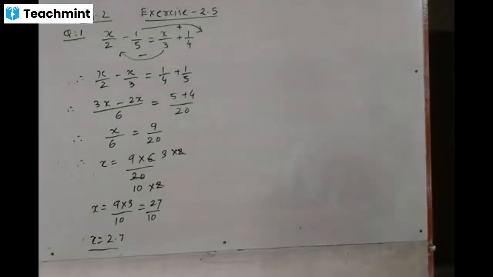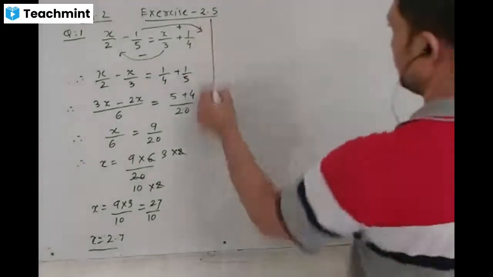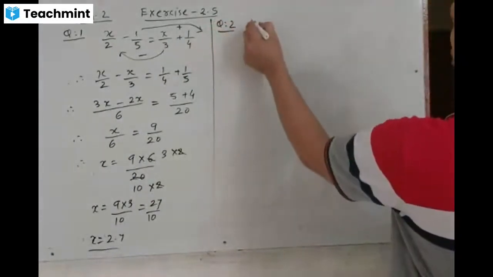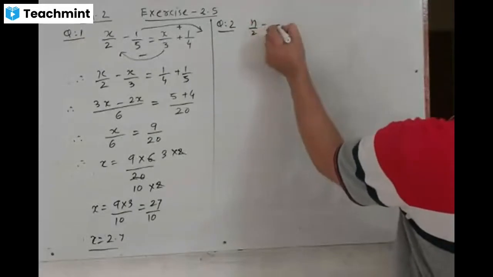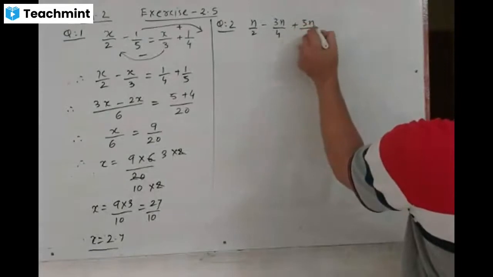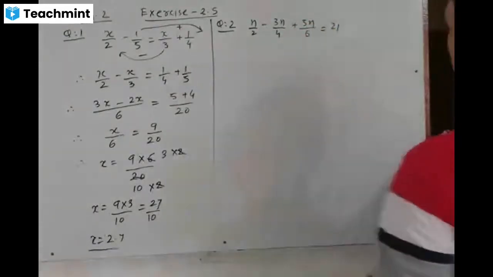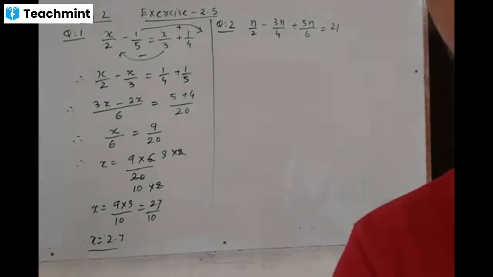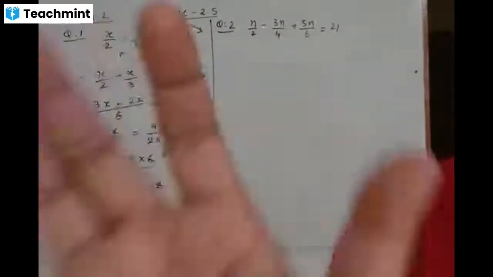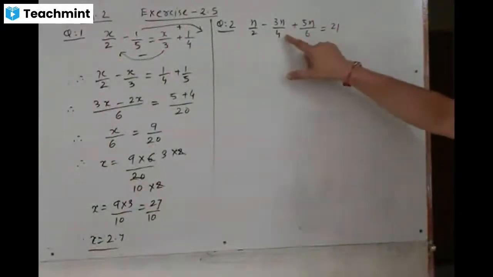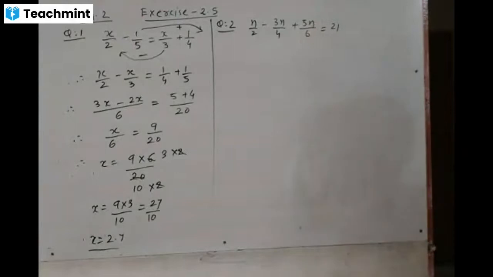Okay, in question number 2, the second one: n by 2 minus 3n by 4 plus 5n by 6 is equal to 21.